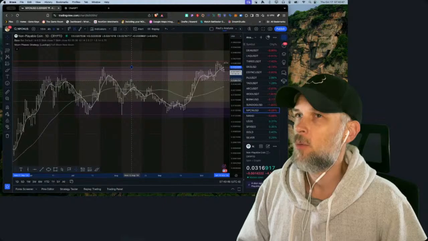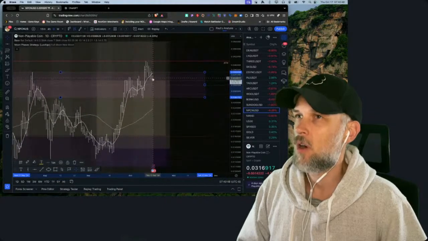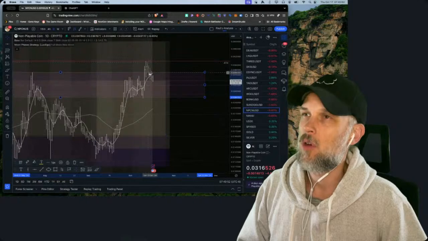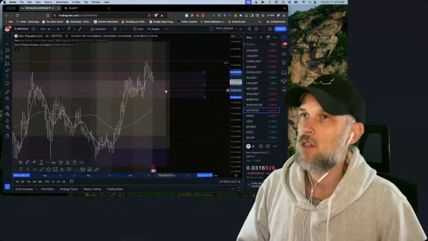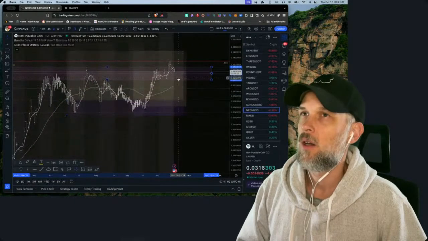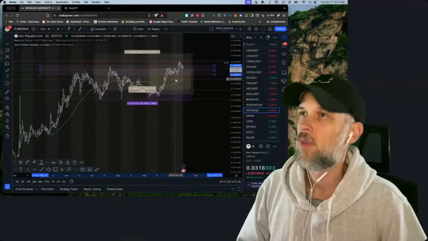So this is going to be the zone to start buying. As this price action pulls back from the all-time high and starts to dip back into this area, this would be another good time to buy, especially if it dips underneath that 3 cent mark. Beautiful.